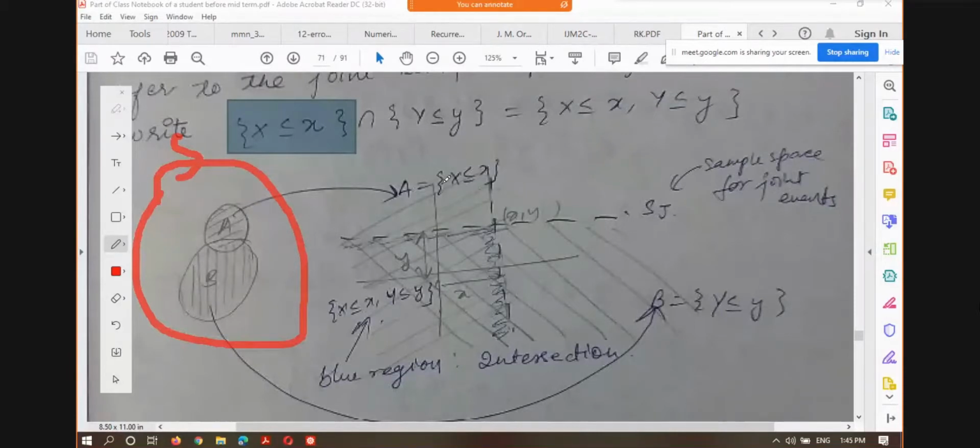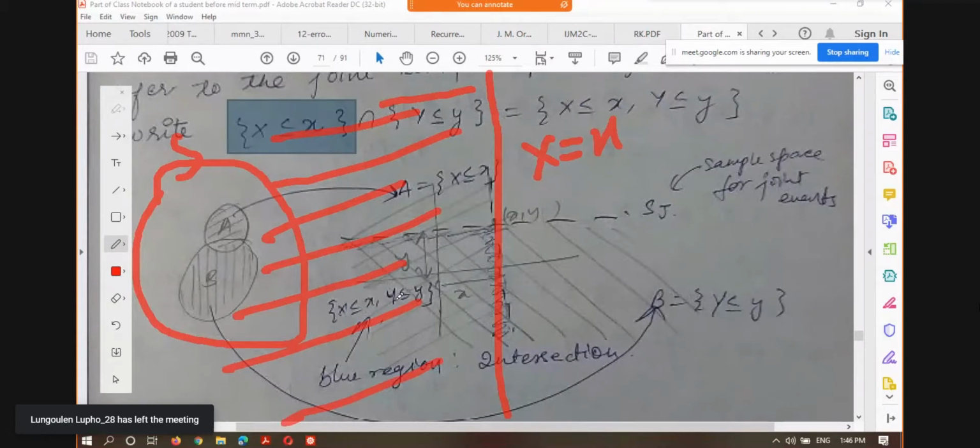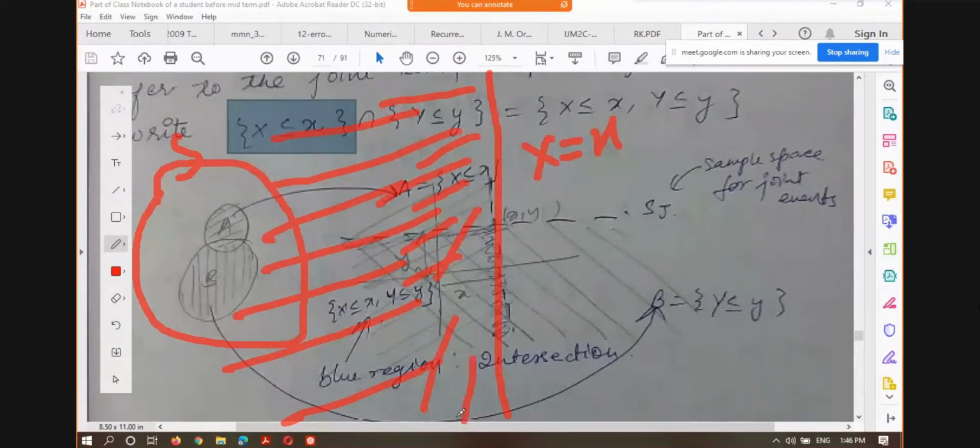Event A, X ≤ x: if I draw this vertical line, which is the line capital X equal to x, then X ≤ x means all the points on the left side of this line, because all these are lying in this domain X ≤ x. So this event is actually all the points having an image in the sample space.